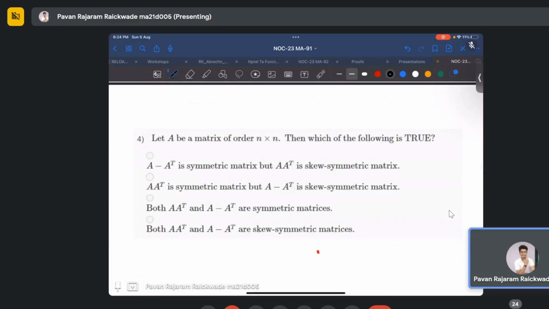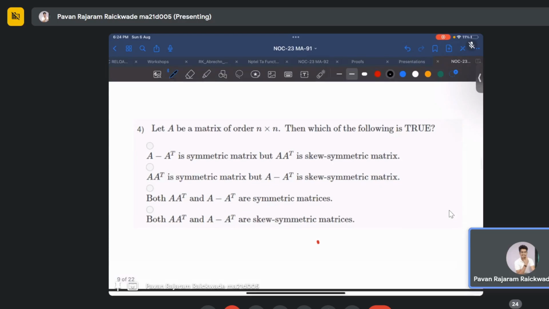Okay, let A be a matrix of order n cross n. Which of the following is true? A minus A transpose is symmetric. Okay, let's see. A matrix is symmetric if its transpose is the same as the matrix, right? So what will be A minus A transpose transpose? Transpose is a linear operation, so I can take the transpose in between.